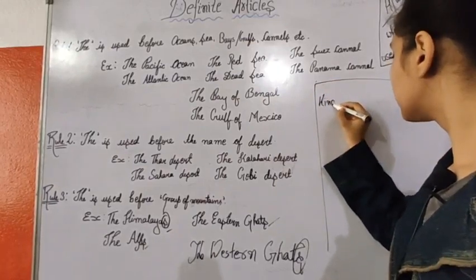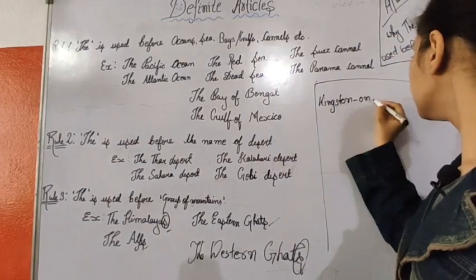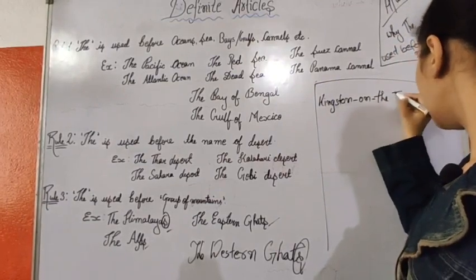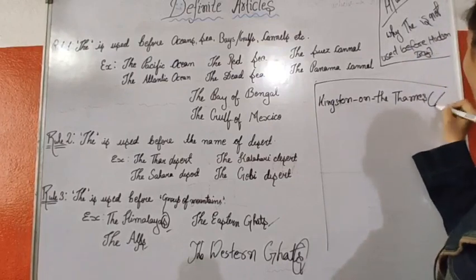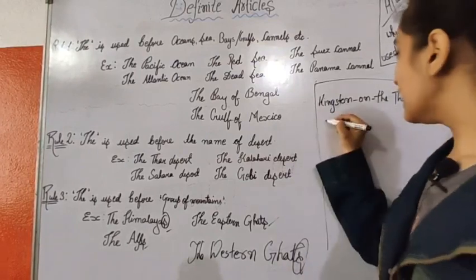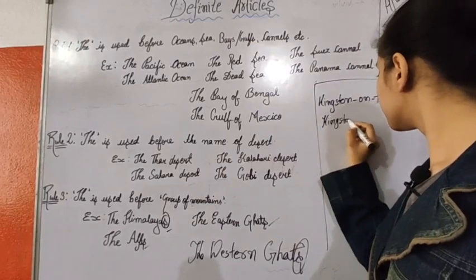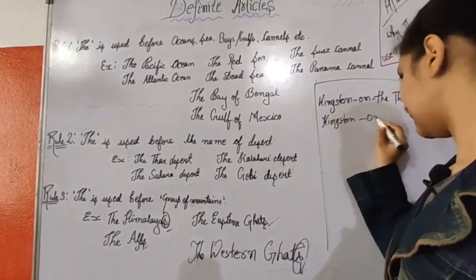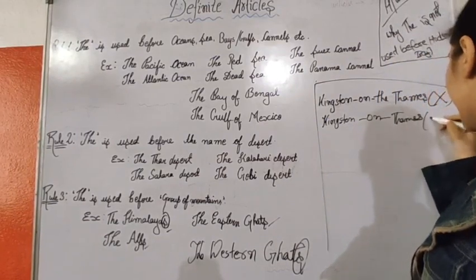Kingston on the Thames will become wrong, but when you say Kingston on Thames, it will become right.